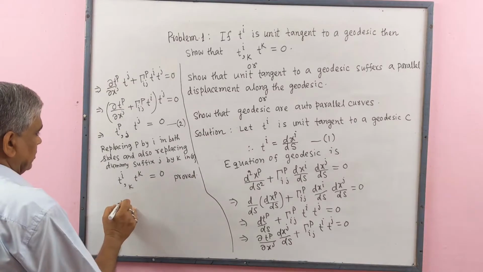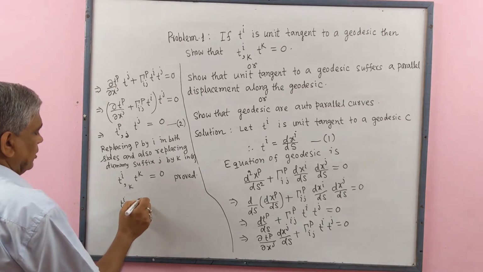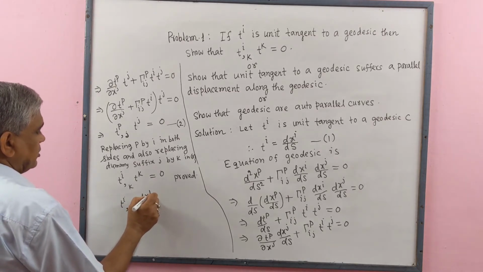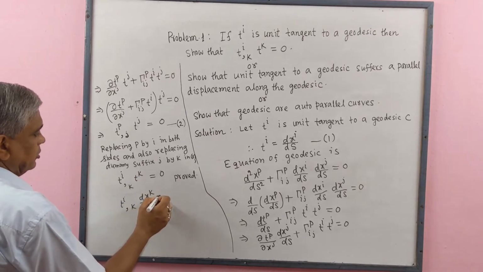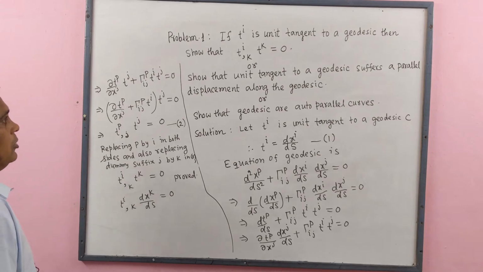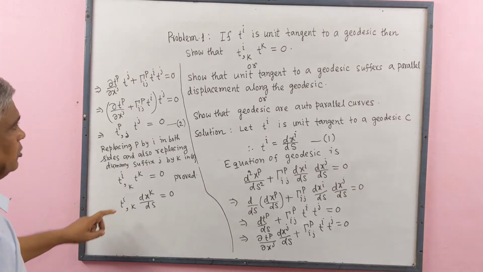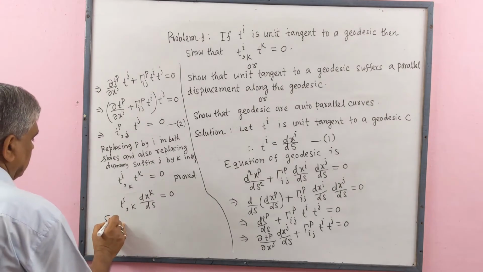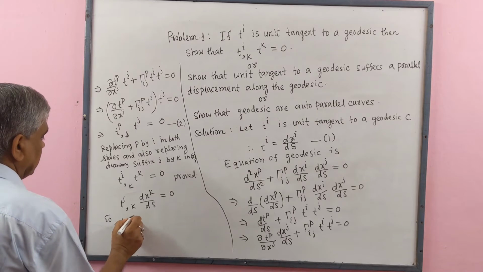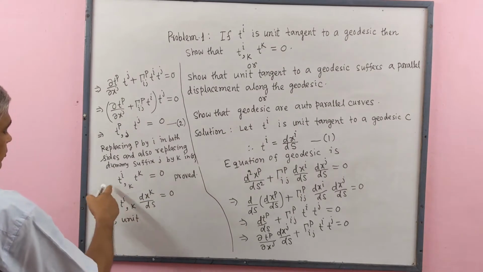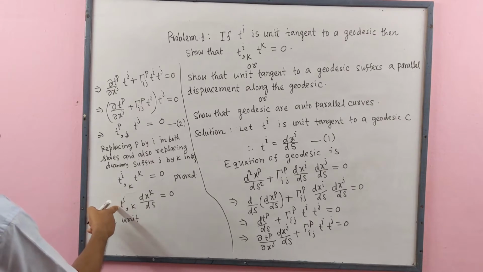Again, Ti comma k, dxk by ds, tk equals 0. So Ti is the unit tangent, and this means the parallel displacement of unit tangent.